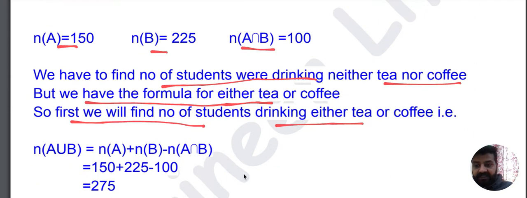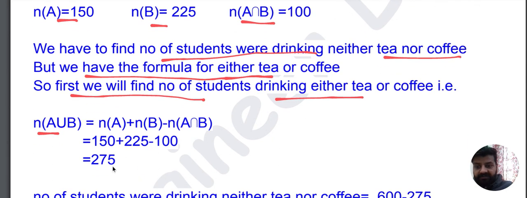So we will find A union B. So 275 are the students who consume either tea or coffee.